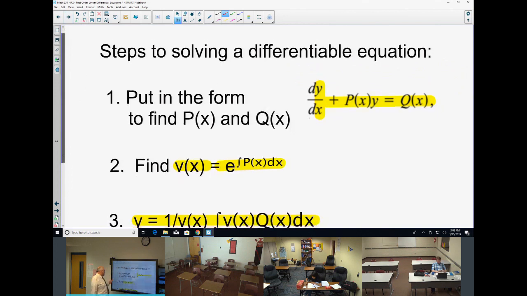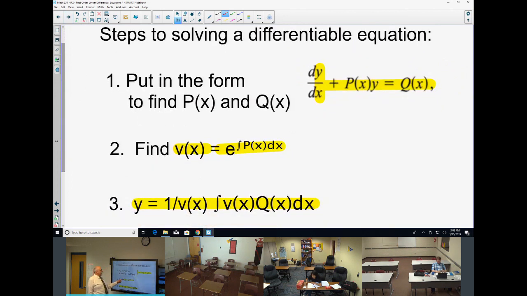Step two, we're going to find the integrating factor. So v of x equals e raised to the power of the integral of p of x dx. And then finally, the answer is y equals 1 over v of x times the integral of v of x q of x dx.